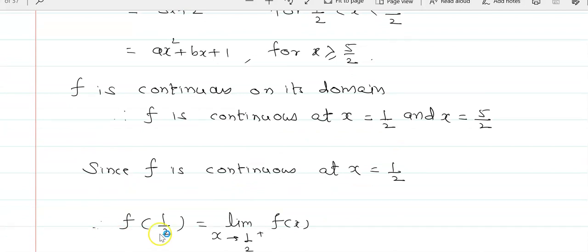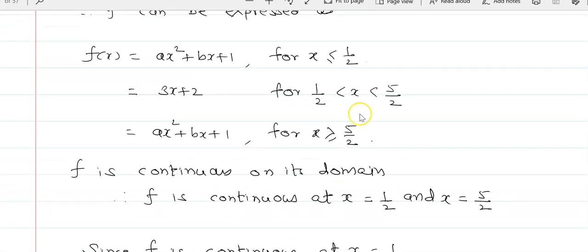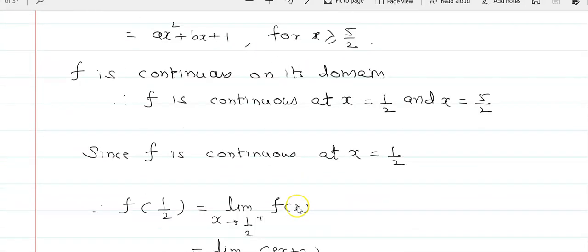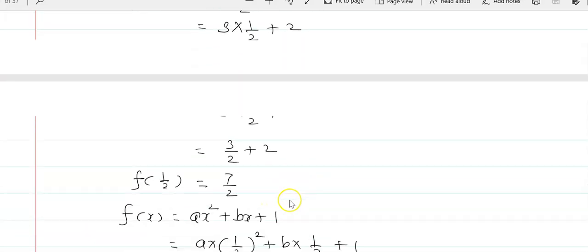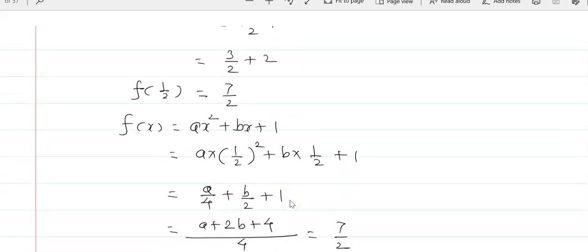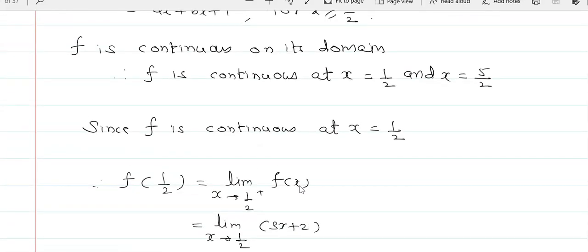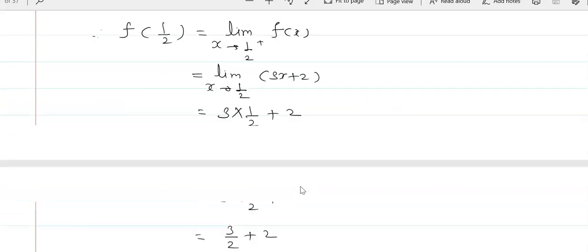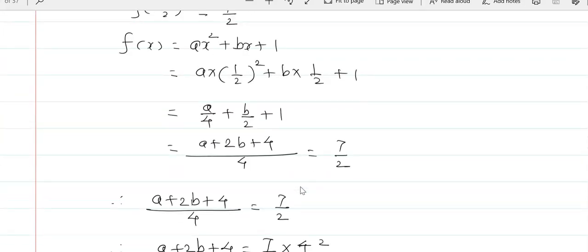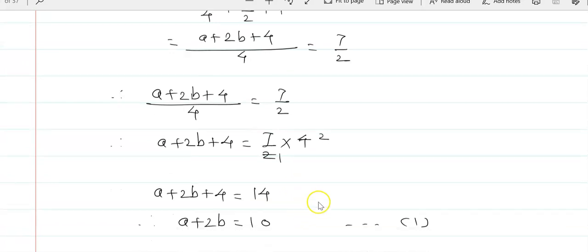At x equals 1 upon 2, the right hand side limit has value 7 upon 2, and the other is ax square plus bx plus 1, which is 7 upon 2 here. Therefore equate it: a plus 2b equals 10.